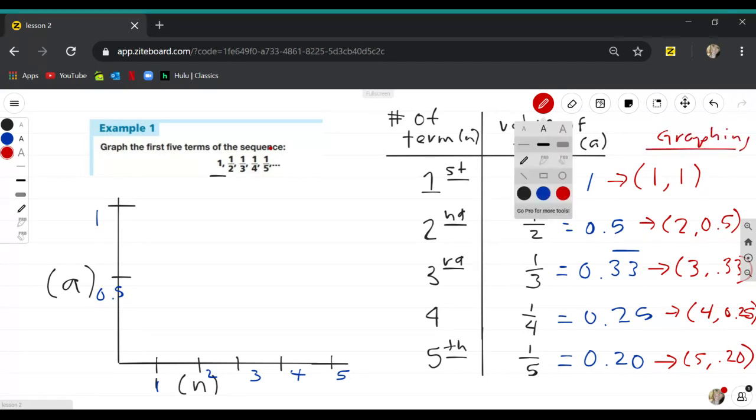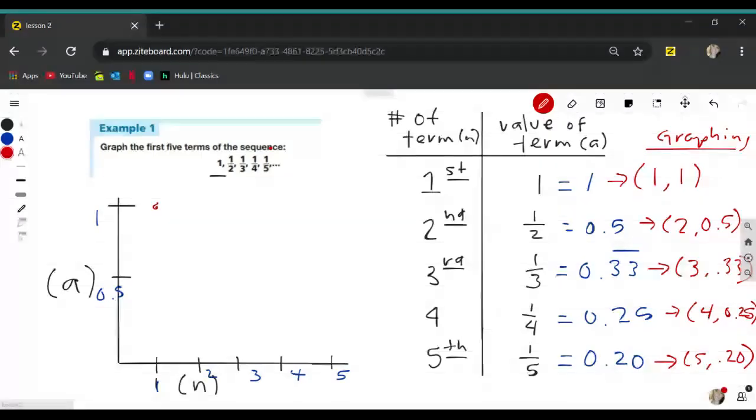Our first point is going to be 1, 1. Our second point here is 2, and then 0.5. Third term is going to be somewhere right in between, around right there, 0.33, and then 0.25. We're just estimating this.